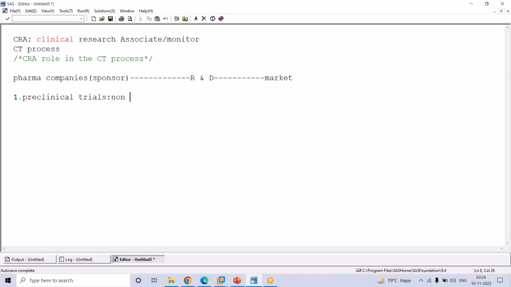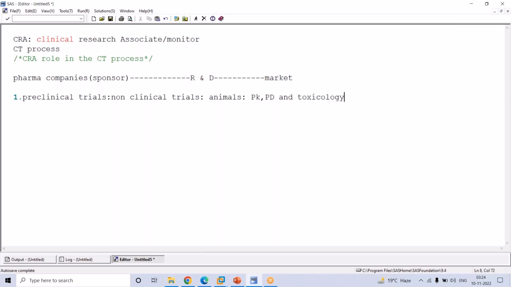It is also called non-clinical trial. It will be done on animals. The main objective of animal studies is to find the kinetics and dynamics. They study kinetics and dynamics along with the toxicology.